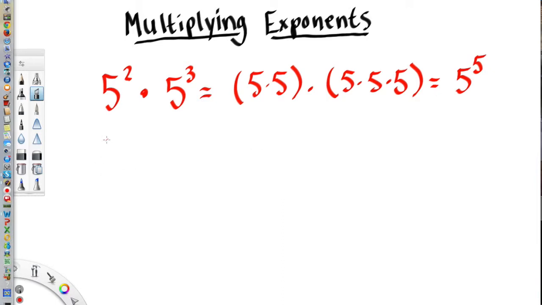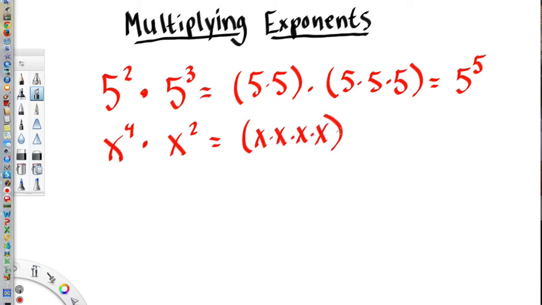Let's try a variable. Let's say if I say x to the fourth power times x to the second power. Well, that would look like x times x times x times x, and that's going to be times x to the second power, which is x times x, which is x to the 1, 2, 3, 4, 5, 6, sixth power.